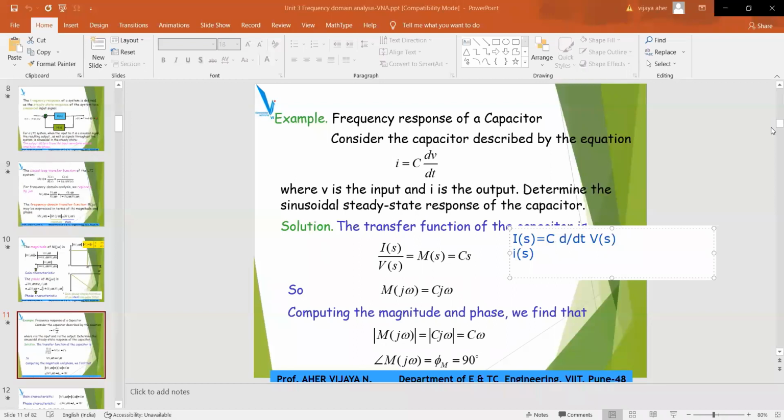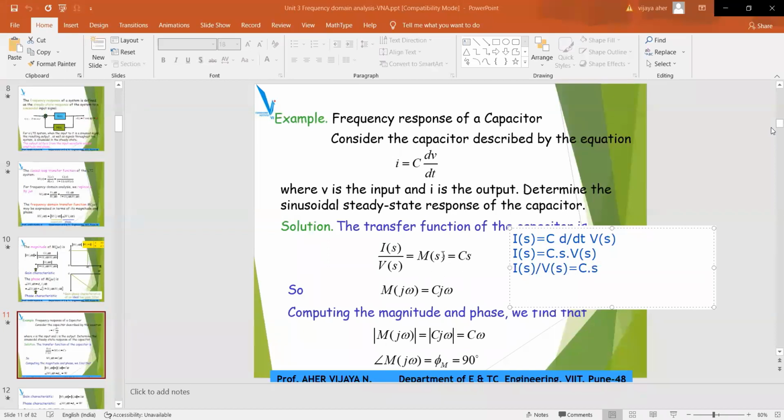Taking V of S to the other side, I of S divided by V of S is equal to C into S.